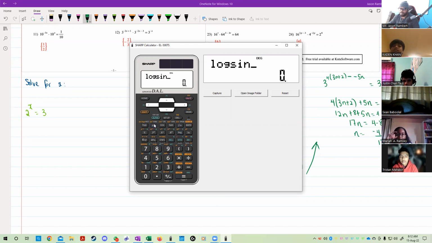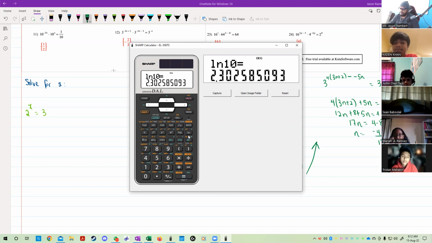I could have log of sine of a number, I get something, all right? And the next log that we have is ln. ln of 6, ln of 10, ln of 98. Everything will give me an output.